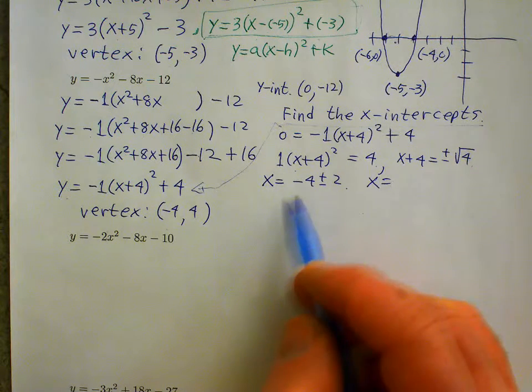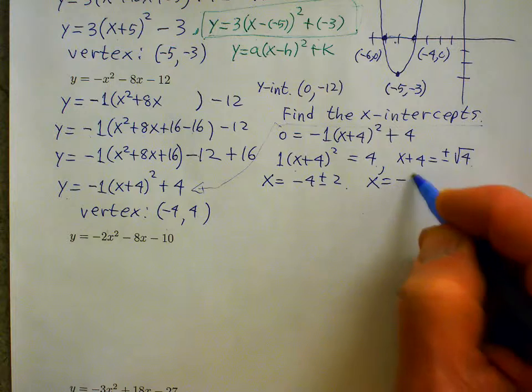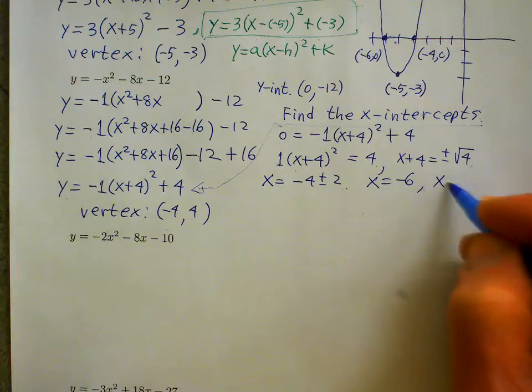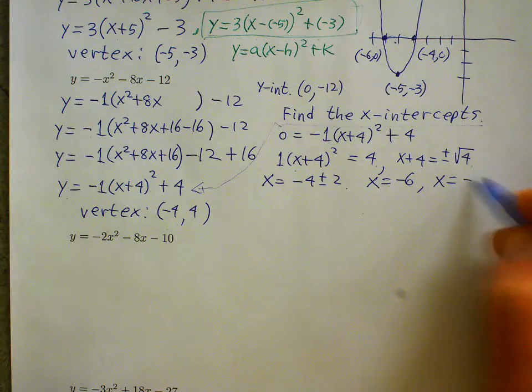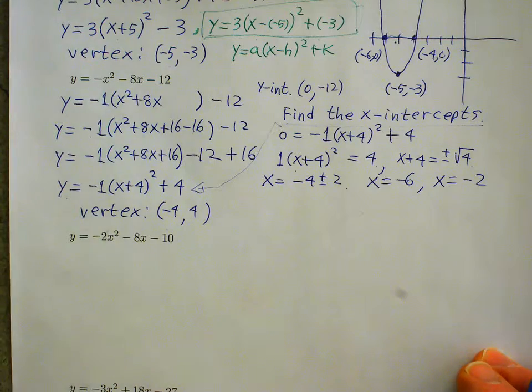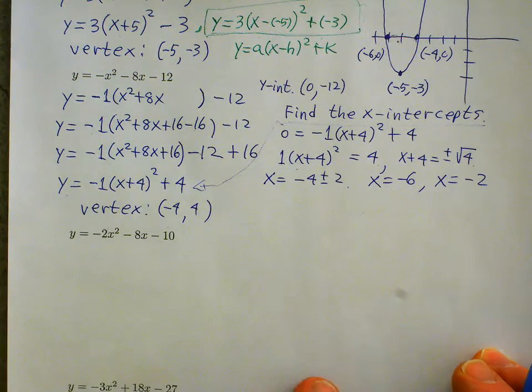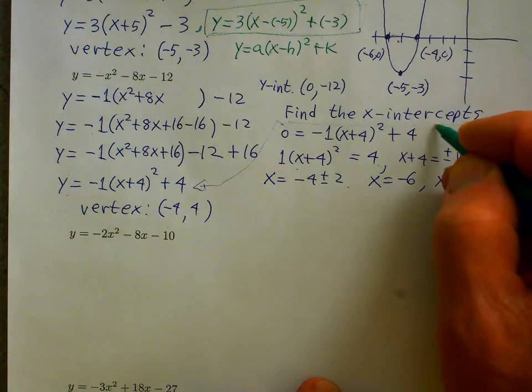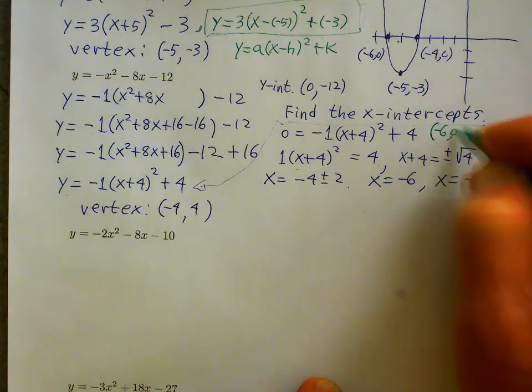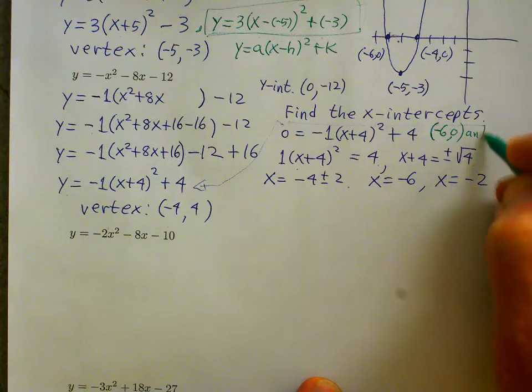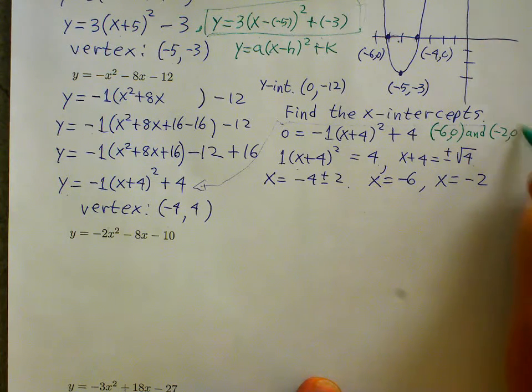So one of the numbers, negative 4 minus 2, is negative 6. The other number is negative 4 plus 2, which is negative 2. Okay, so as ordered pairs, the x-intercepts are negative 6, 0, and negative 2, 0.